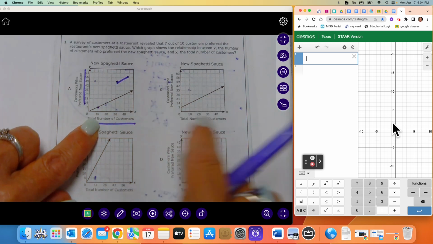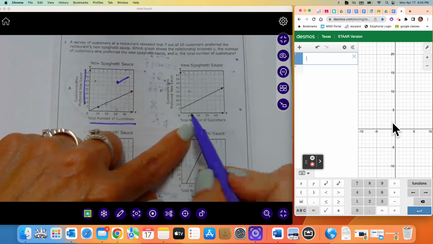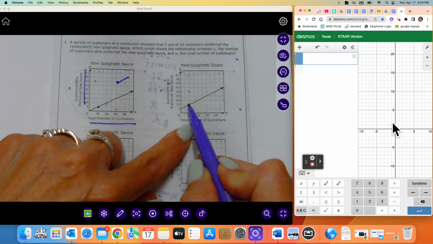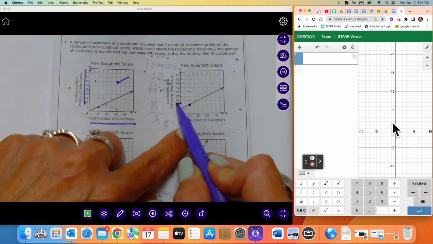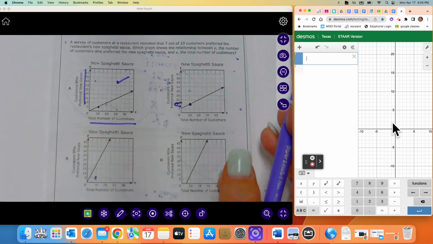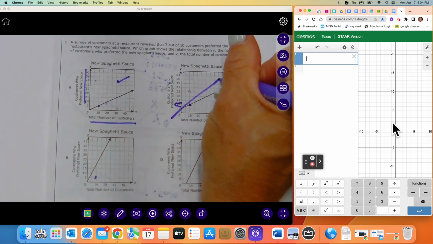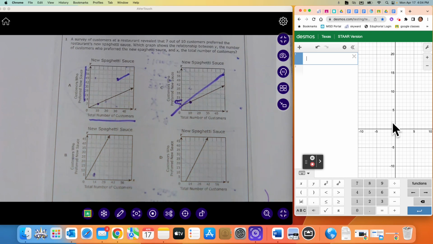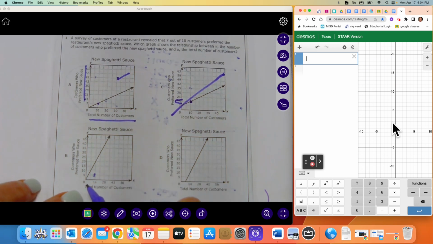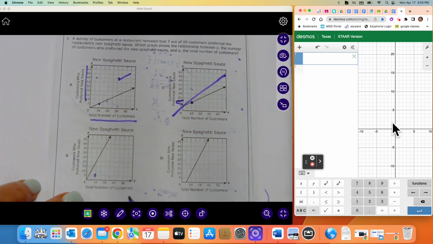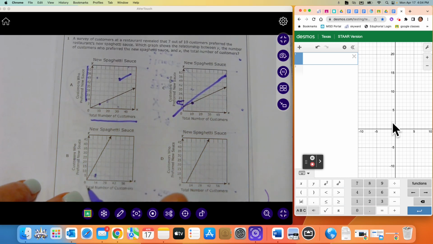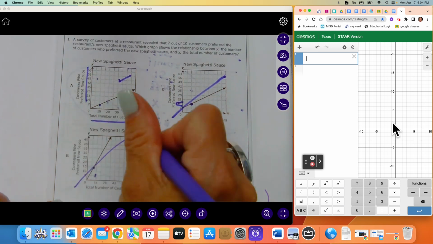Let's look at this one. So 10 is the total number of customers, and you come up here and you put your point on the line and you go over, and this is 14. No, 14 out of 10 doesn't make sense, so it's not this one. This one here, 10 being the total amount, 10 would be about right here. You go up to the line, and that's more than 7, so it's not this one.